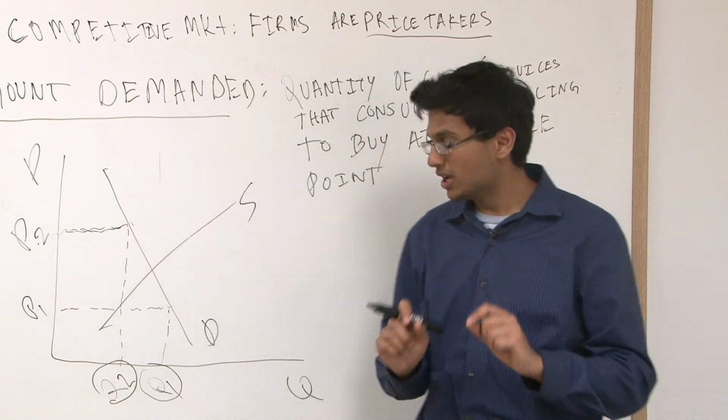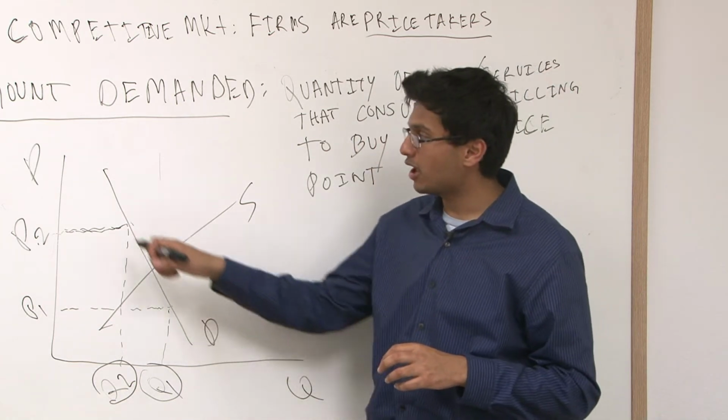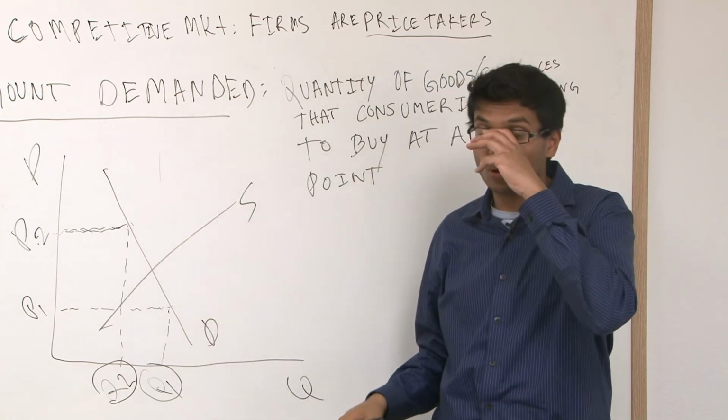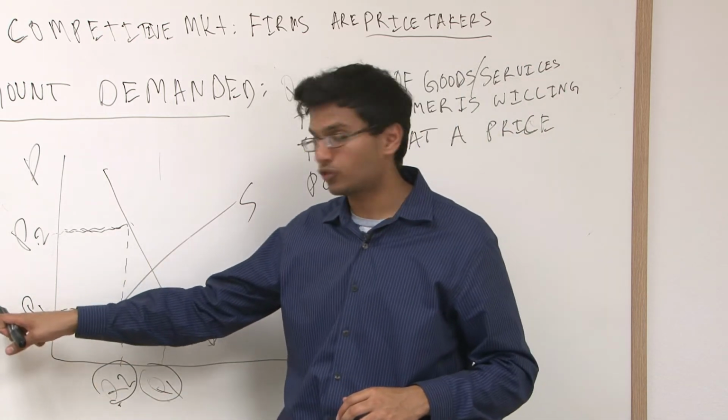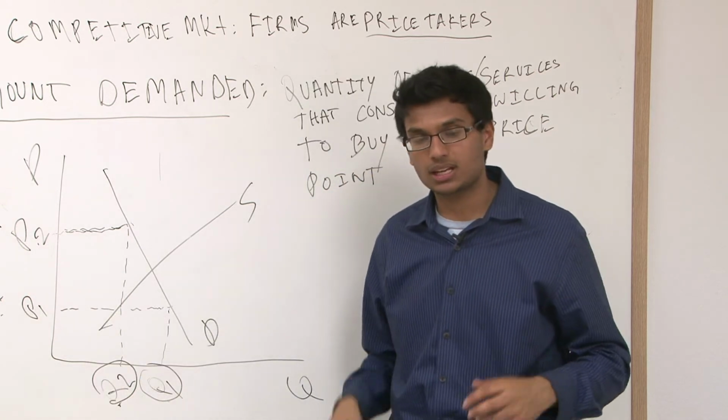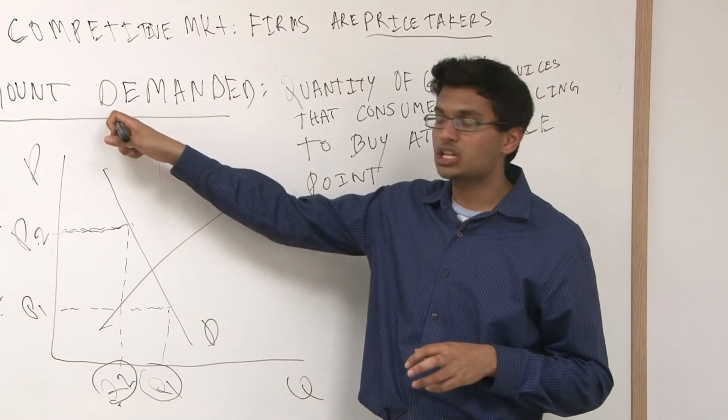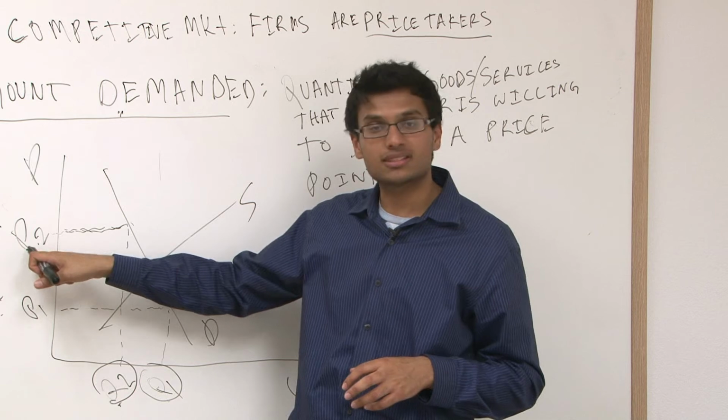Very important. The only way I can change my amount demanded, for example go from Q1 to Q2, is if the price changes from P1 to P2. Does that make sense? The only reason I can change my amount demanded is if the price changes.